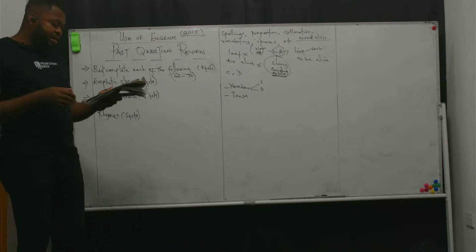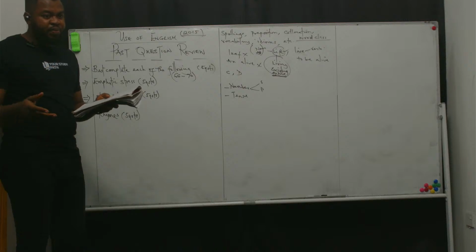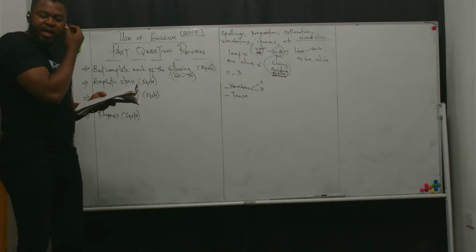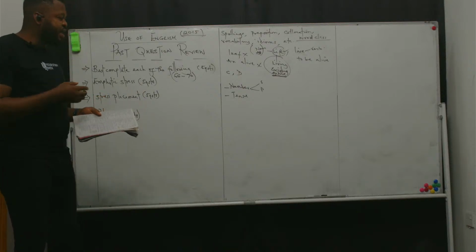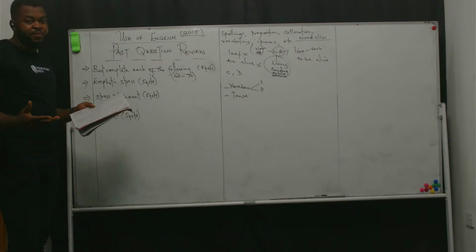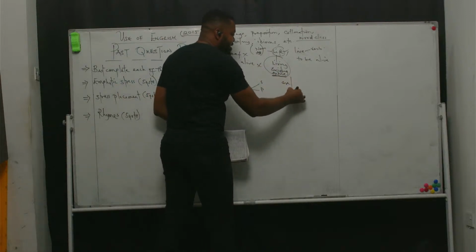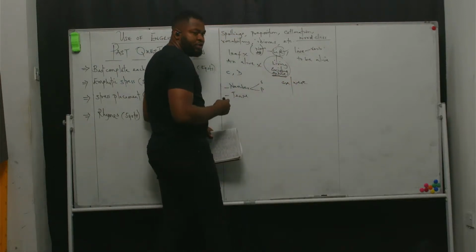Now look at this: the mechanic did not tell me the brakes dash bad. In that context, what tense can you say it is? Is it present, past, or future? It's past.